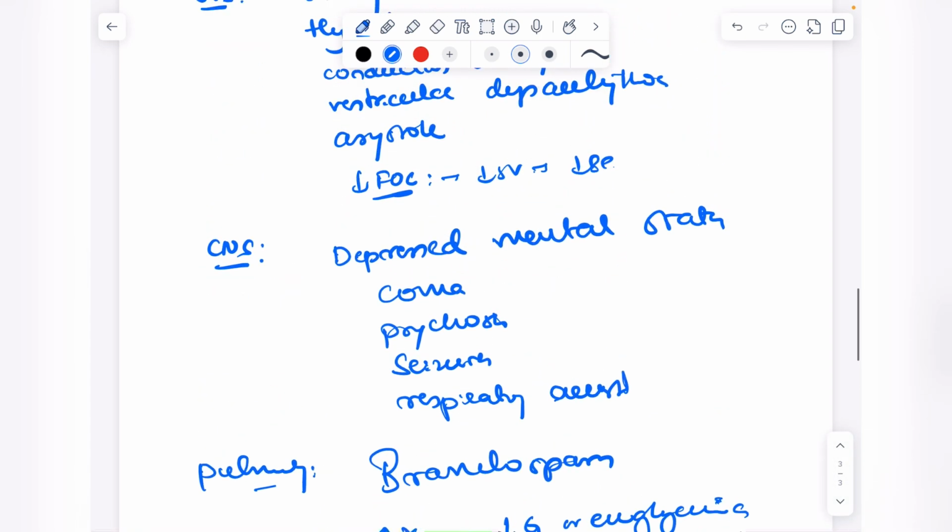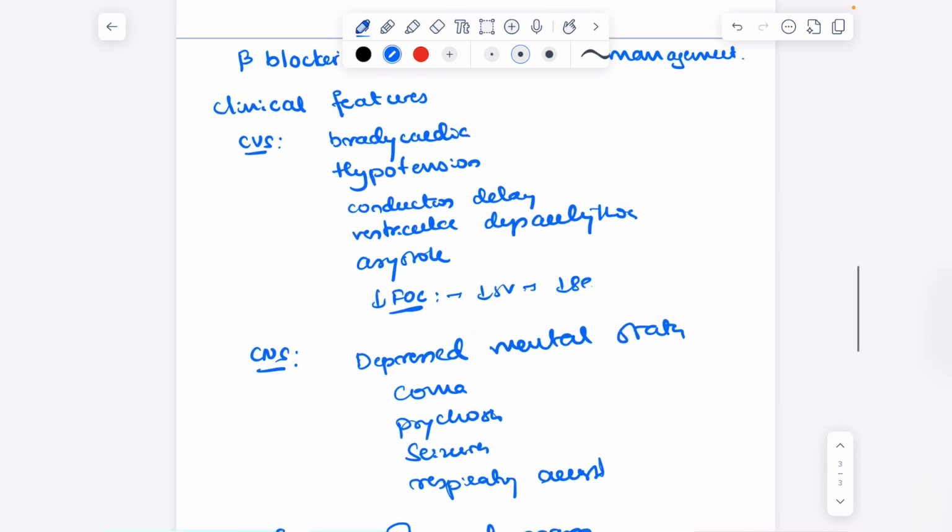These symptoms depend upon the type of beta blocker, or the pharmacological characteristics of the drug, like lipid solubility and additional alpha and sodium channel blockade property, and the duration of action, whether a patient has consumed immediate release (IR) or extended release (ER) formulations.